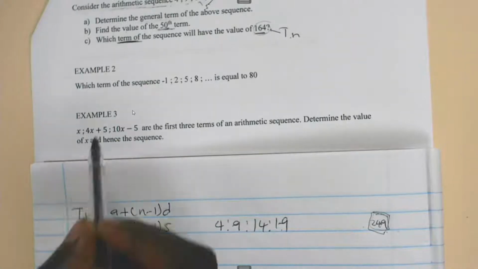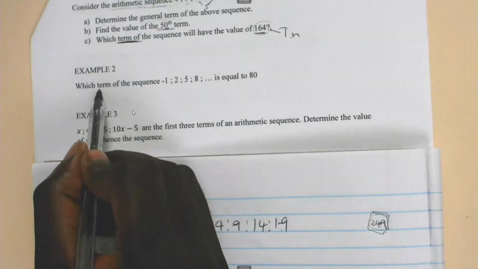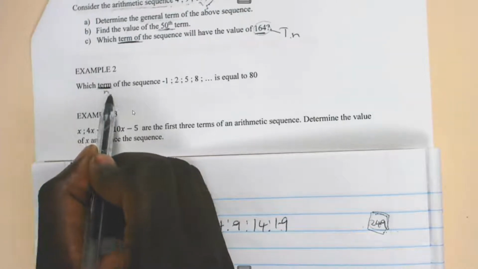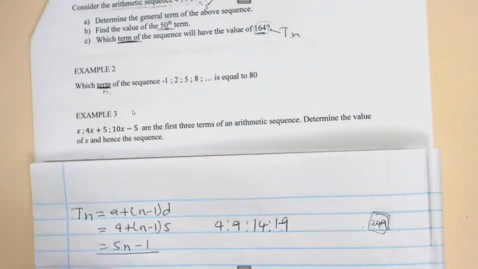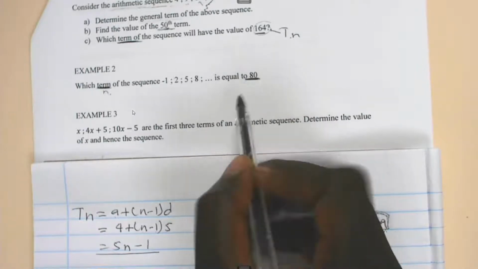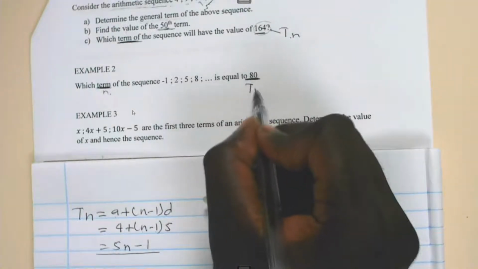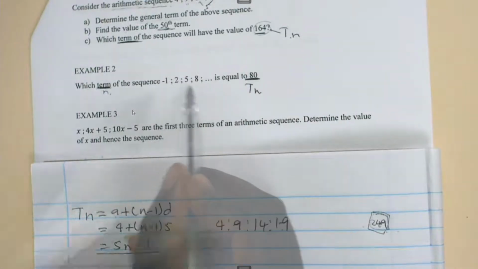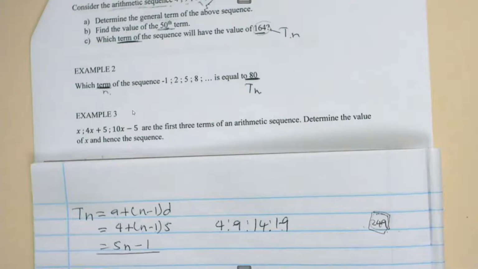The question states, which term, meaning that we are looking for n, would be equal to 80. 80 is the term value. The term value again is Tn, and we have this sequence, negative 1, 2, 5 and 8.